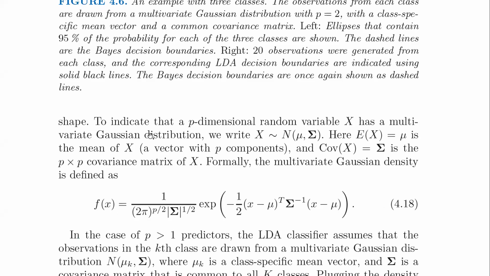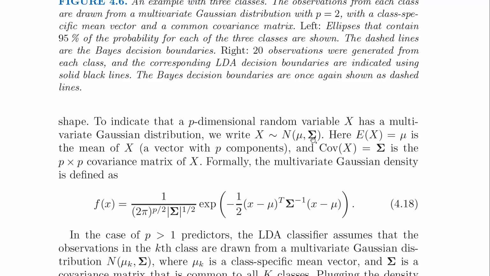To indicate that a p-dimensional random variable x, so this is a vector, has a multivariate Gaussian distribution, we write x has probability density normal, with two parameters. We still have mu, but mu is going to be a vector with p components.